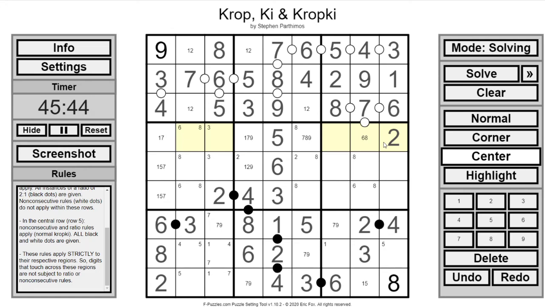I don't know what that is, but it sure is loud. Maybe this space is what I need to look at. 6 there would force a 6 there.